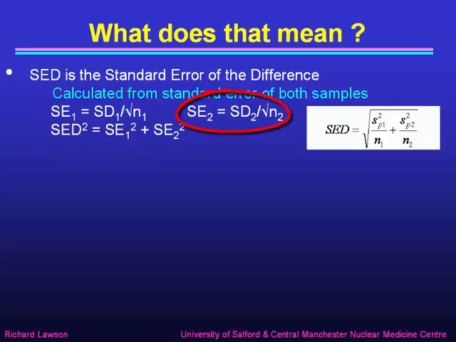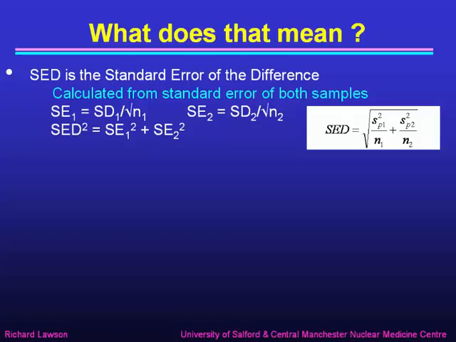The same thing is true for standard error 2, being the standard deviation of 2 divided by root n2. And you remember when we were testing for agreement, we showed that we could calculate the standard error of a difference by summing the squares of the standard error of each measurement. So the standard error of the difference squared is the standard error from sample 1 squared plus the standard error from sample 2 squared.